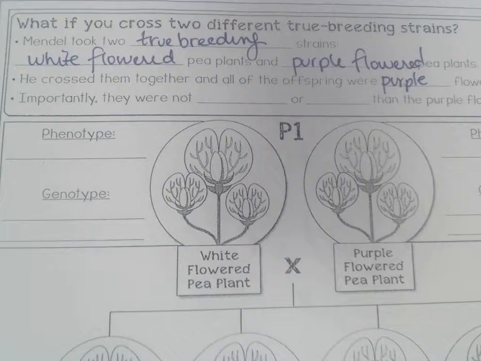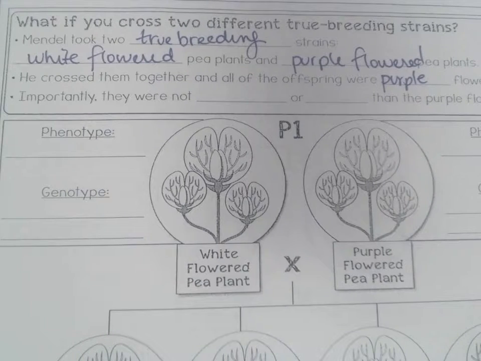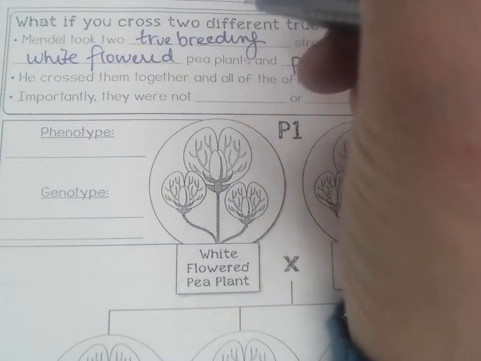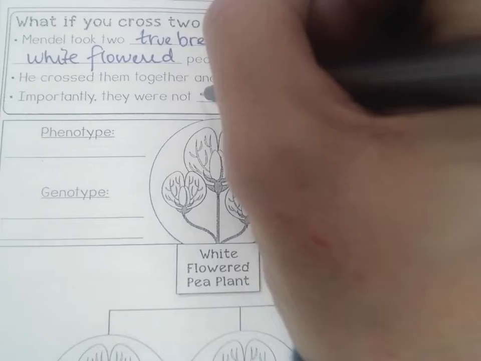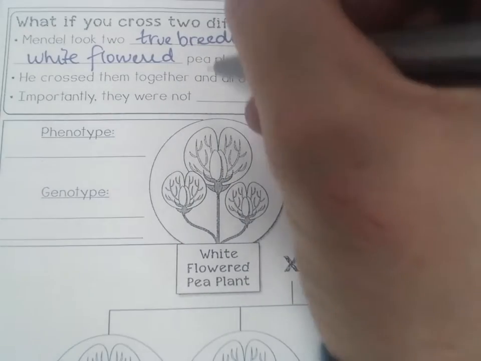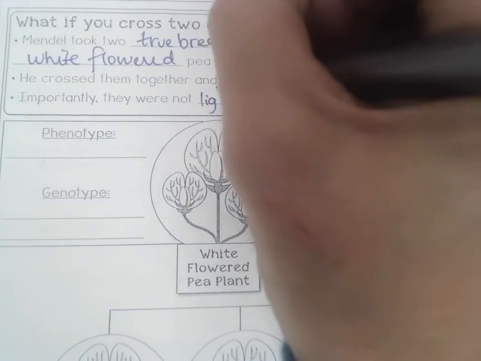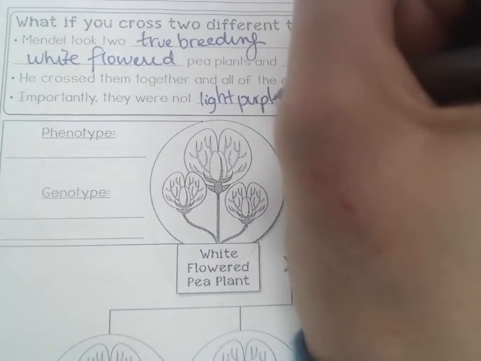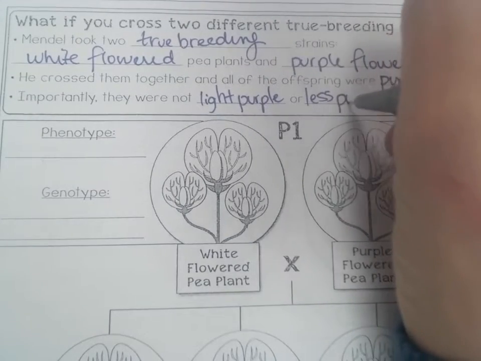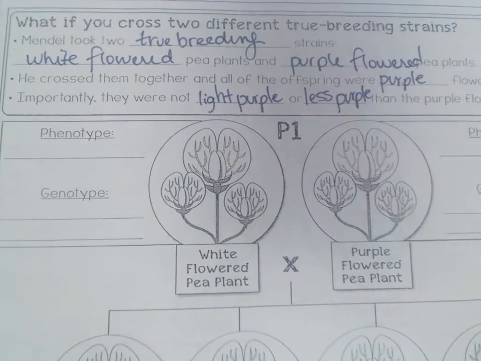Why is that? Well, Mendel realized, okay, there's got to be some kind of dominant trait going on. Important to note is that these flowers weren't like a light purple or a pink color. They were the same exact purple as the parent. So they were not light purple or less purple than the parent plant.